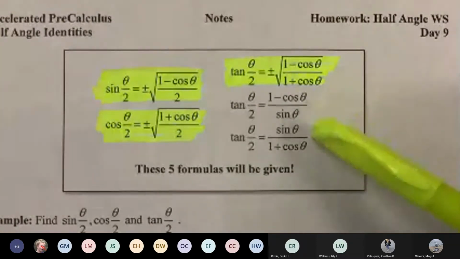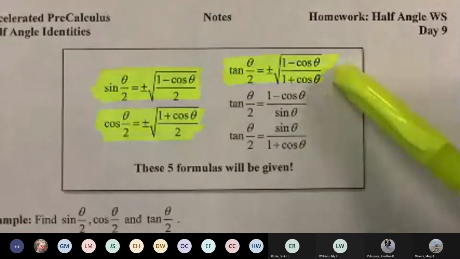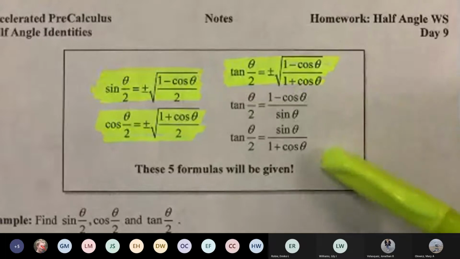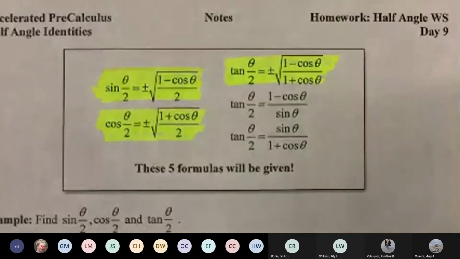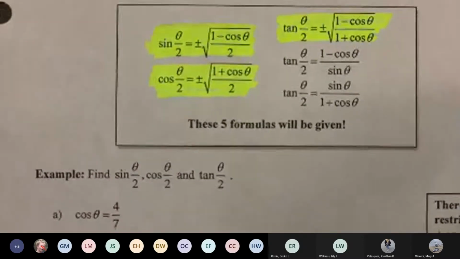These do not appear to give you the same answer, but if you use algebraic manipulation, you can make them all the same. It just requires a lot more work. And I know that for us, we want to do as little as humanly possible on these. So those will be the ones that we're doing predominantly.